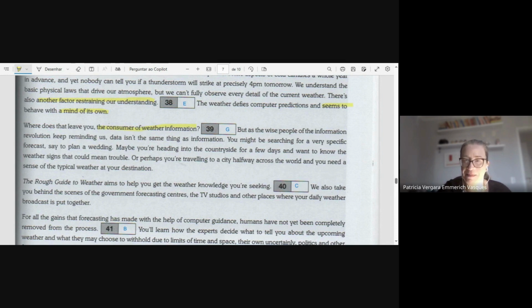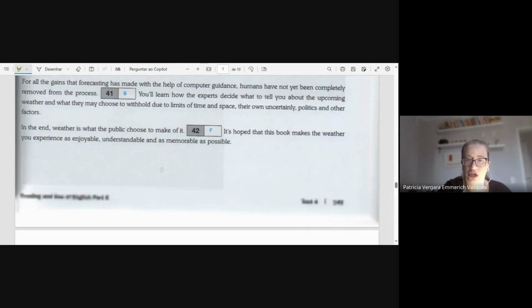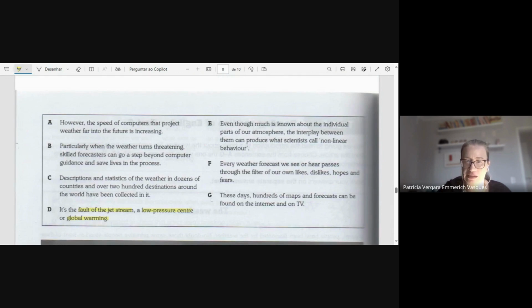And people of the information revolution. These are the keywords here. So let's go to the letter G. These days, hundreds of maps and forecasts can be found on the internet and on TV. So internet, TV, yeah, the information revolution.